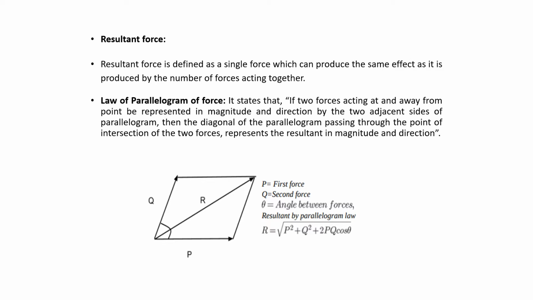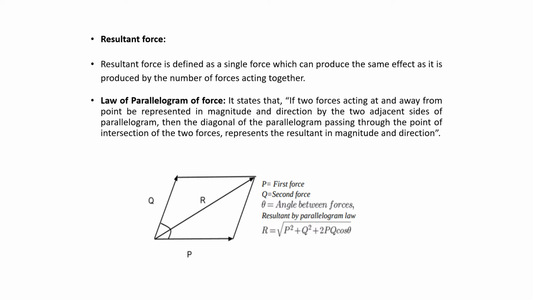It states that if two forces acting at and away from a point are represented in magnitude and direction by two adjacent sides of a parallelogram, then the diagonal of the parallelogram passing through the point of intersection of the two forces represents the resultant in magnitude and direction.